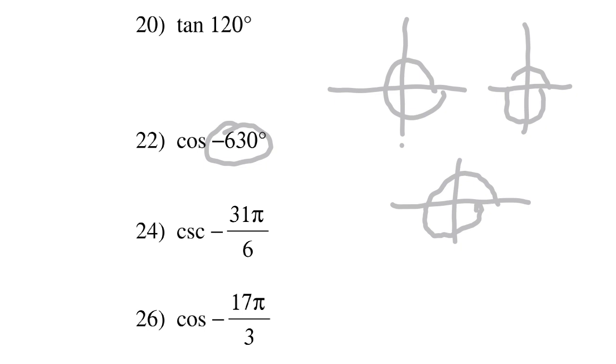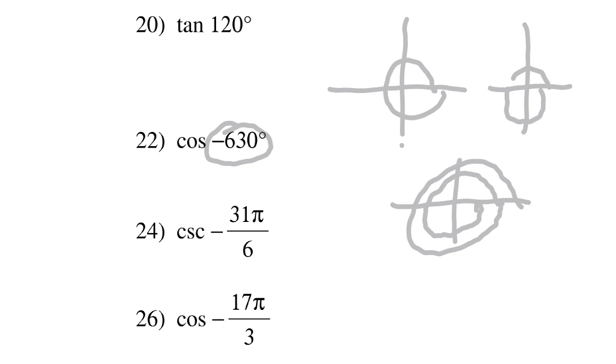And then if I rotate another rotation, 2 rotations, well, 2 times 360 is 720. So that's too much. I only want to go to negative 630, okay? So I'm at 720.